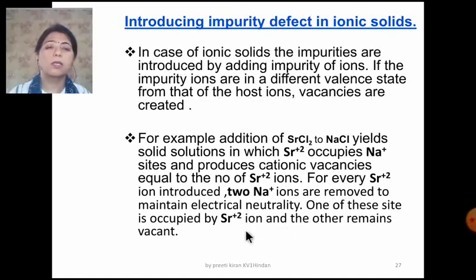Why? Just to maintain the electrical neutrality. One of these sites is occupied by the strontium ion and the other remains vacant. So just to maintain the stoichiometry, just to maintain the electrical neutrality, the cationic vacancy is generated.